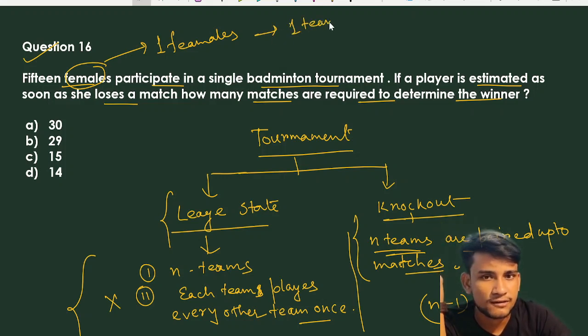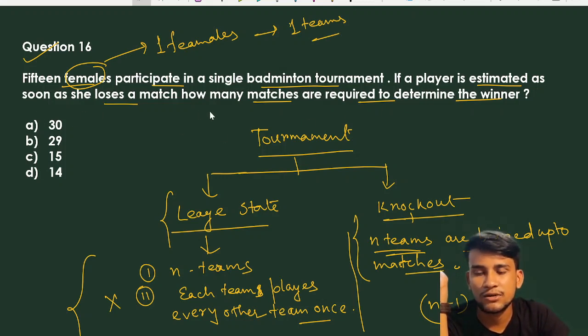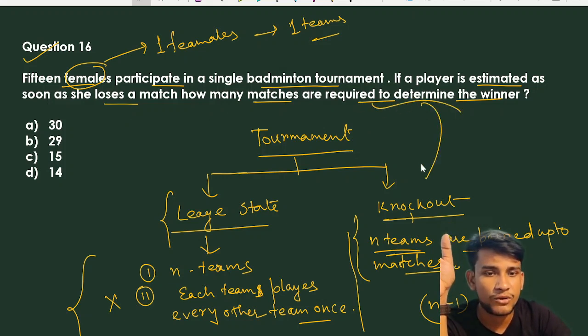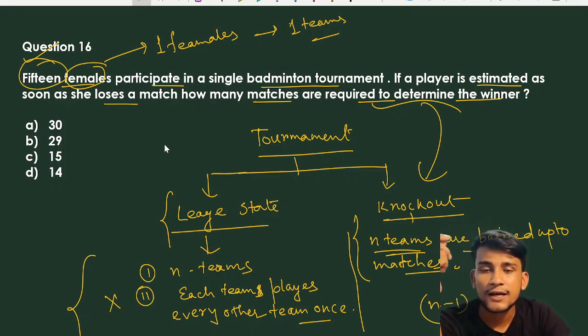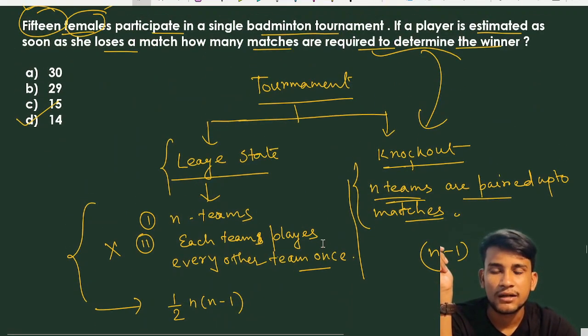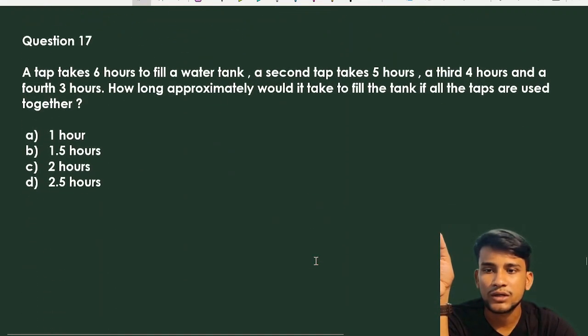If a player is eliminated as soon as she loses a match, this is basically an example of a knockout tournament. There are 15 females, that means 15 teams, so the total number of matches will be n minus 1, that means 14. This is the concept behind this question, and the answer is option D. Now go to the next question.